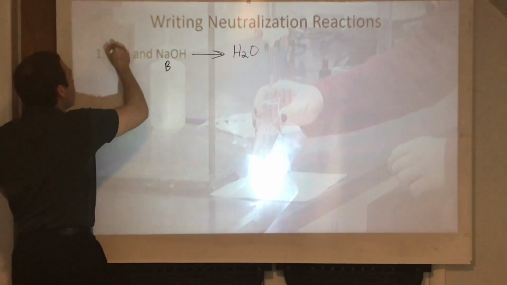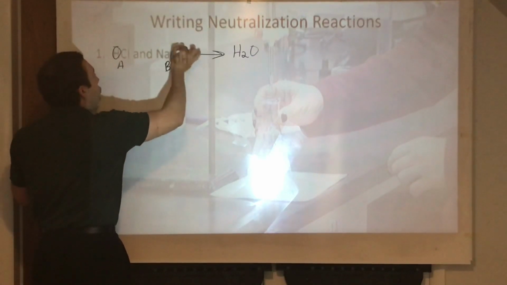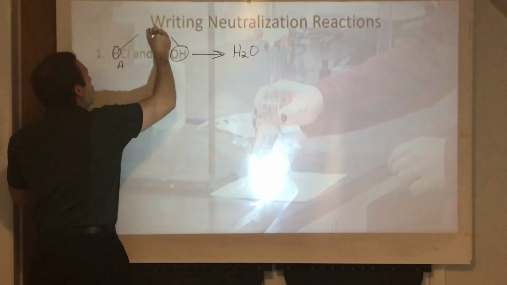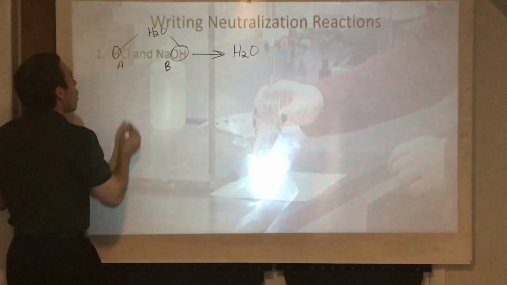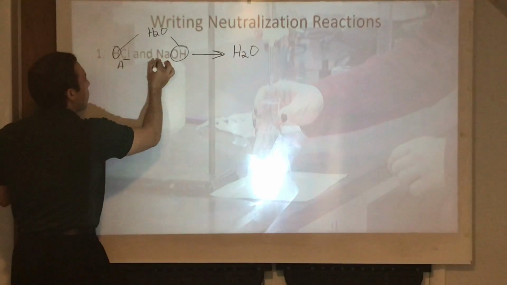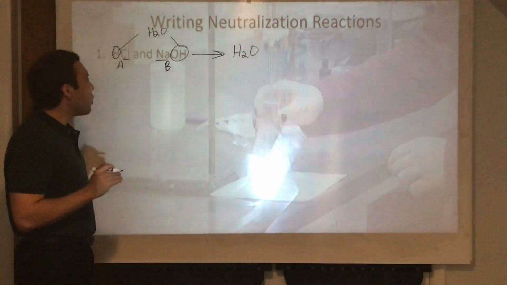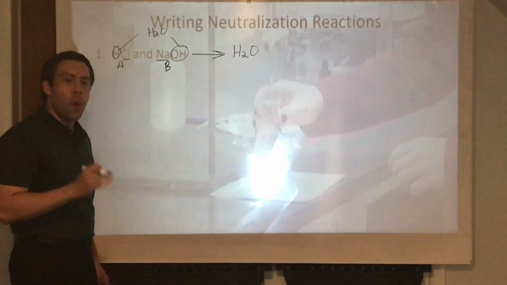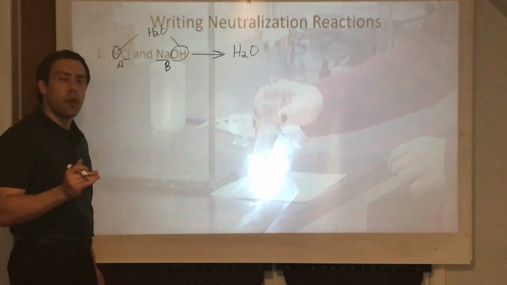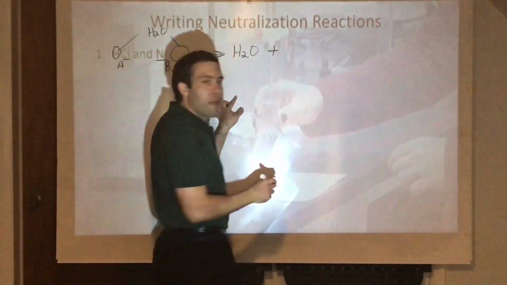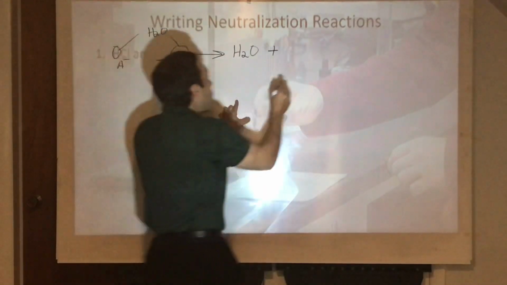How does that work? Well, this H and this OH come together to make H2O, which means we're left with Cl and Na. Now, when we write an ionic bond, when we write the formula for the salt, we always put the cation, or the positive ion, first. In this case, it's sodium.